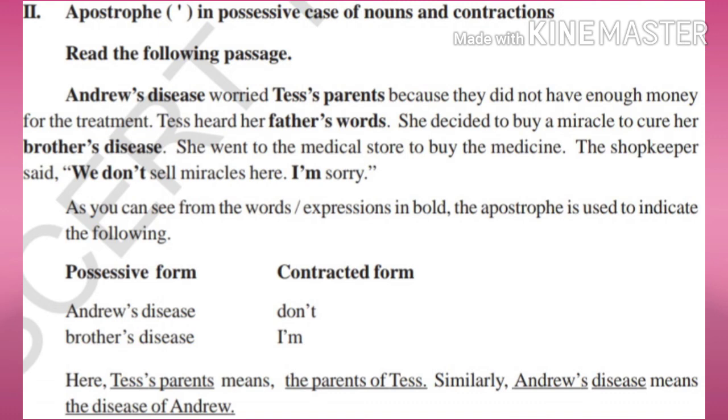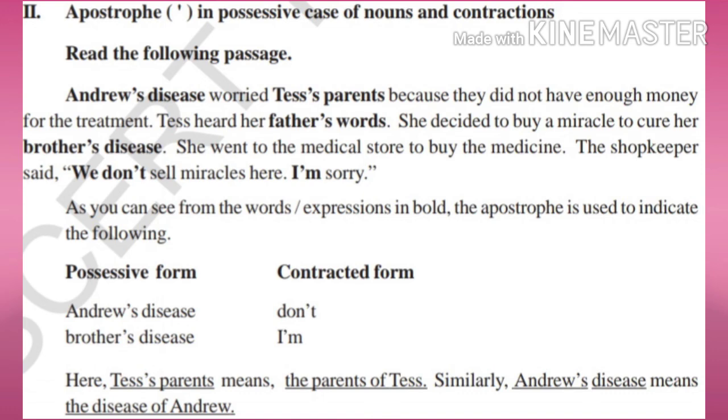Tess heard her father's words. She decided to buy a miracle to cure her brother's disease. She went to the medical store to buy the medicine. The shopkeeper said, "We don't sell miracles here. I'm sorry."